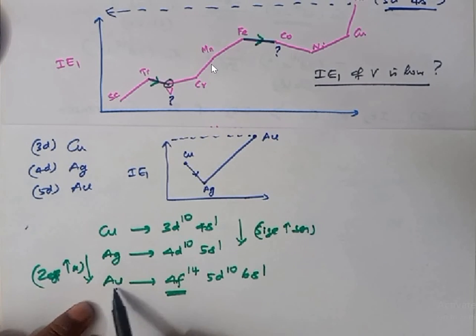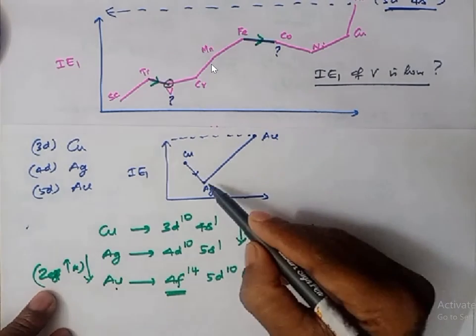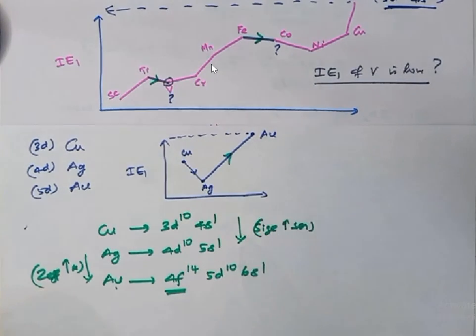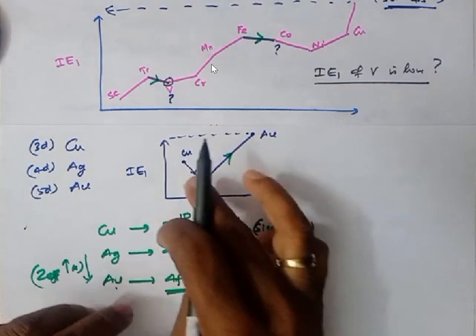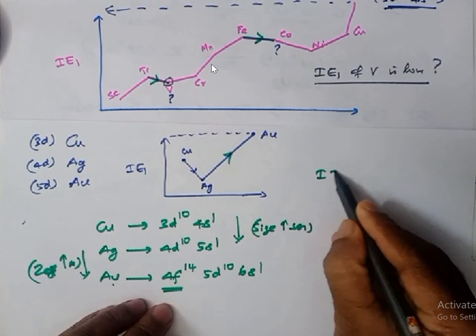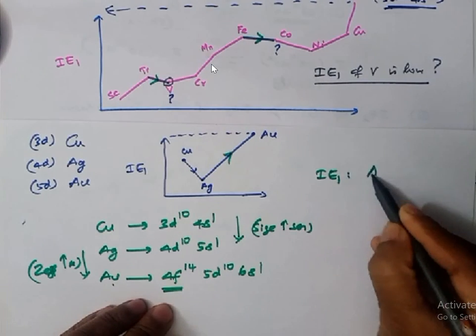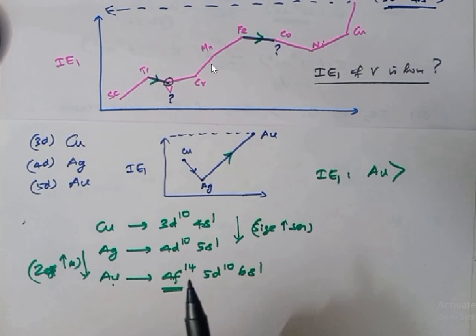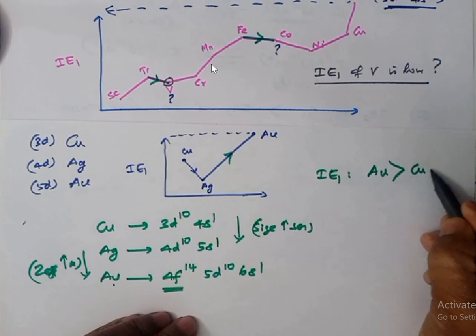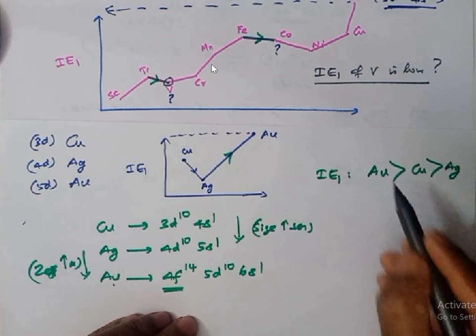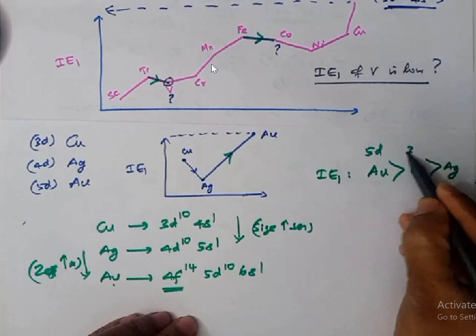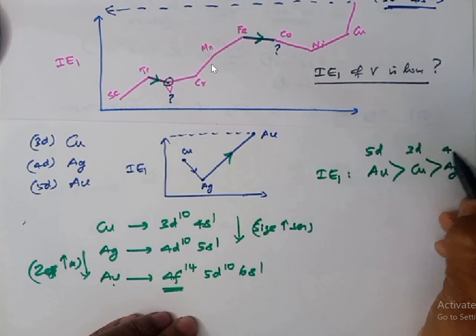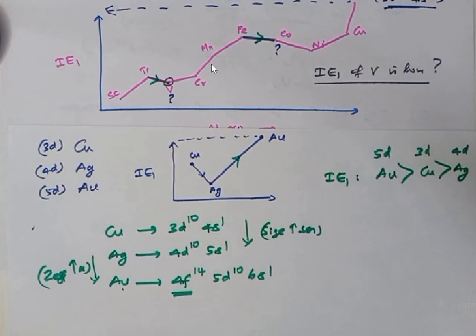From silver to gold, effective nuclear charge increases, so ionization energy increases. So among copper, silver, gold, gold has the highest first ionization energy, then copper, then silver. That's the reason I gave the order 5d series, 3d series, 4d series. This is the general order. Is this clear?